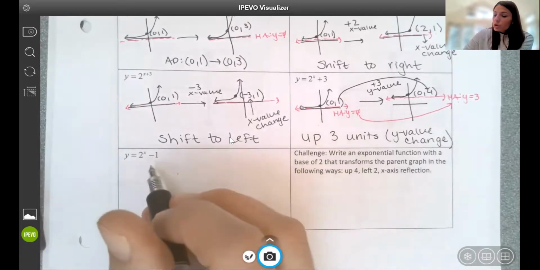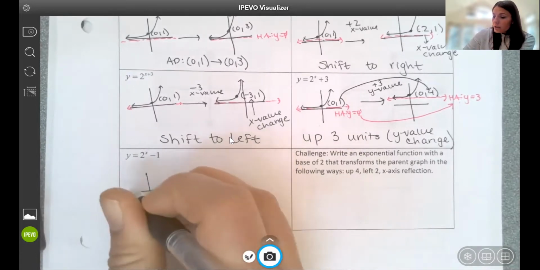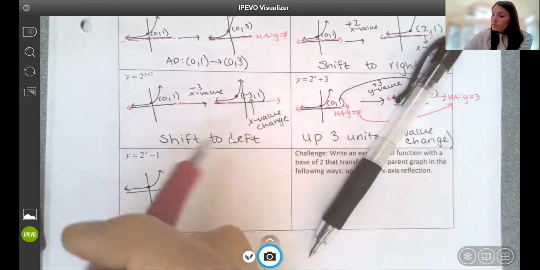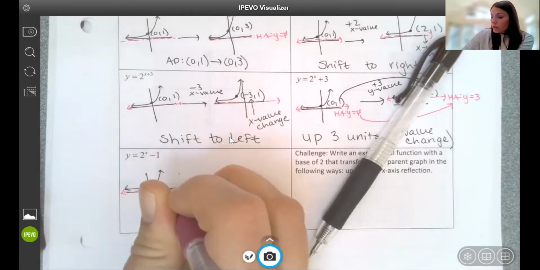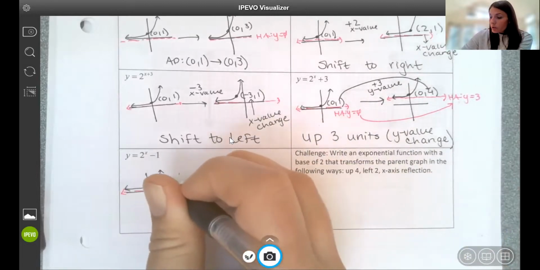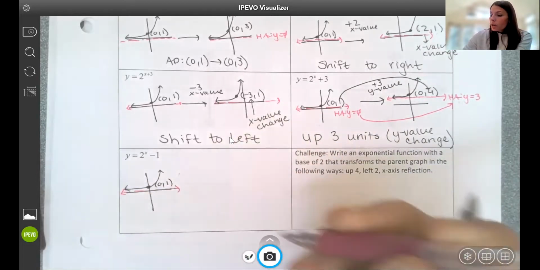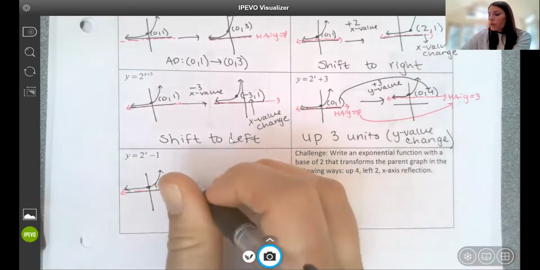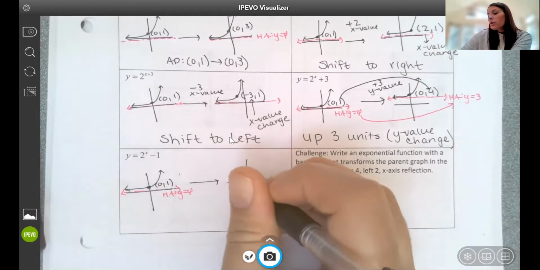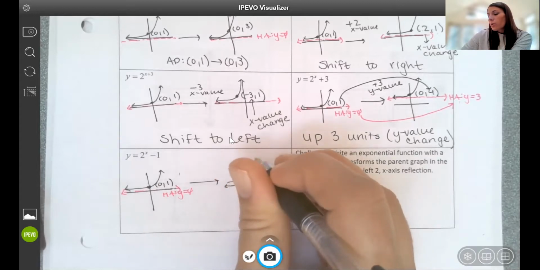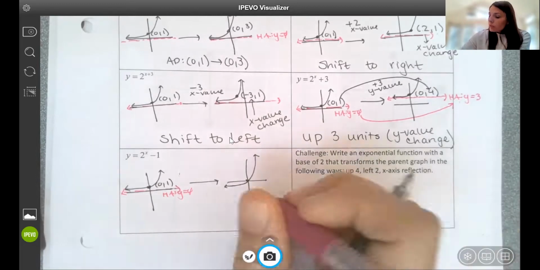When we subtracted 1 at the end, here's my parent function. We also had this vertical shift, so 0, 1. Our horizontal asymptote originally is at y equals 0. And then when I subtract 1, I shifted down 1.